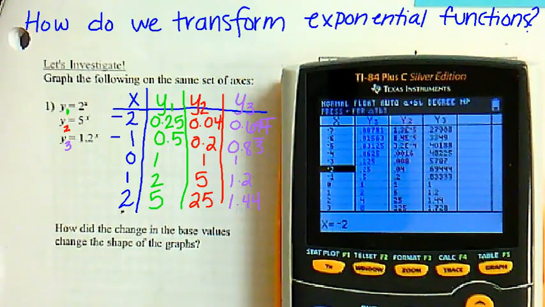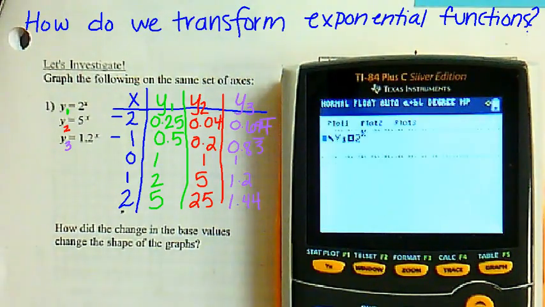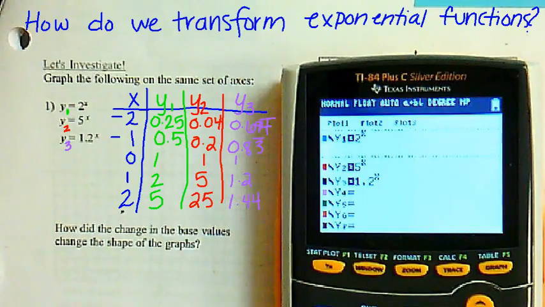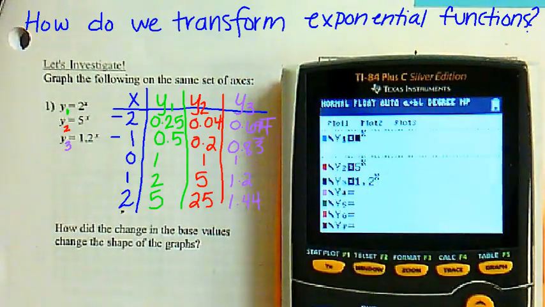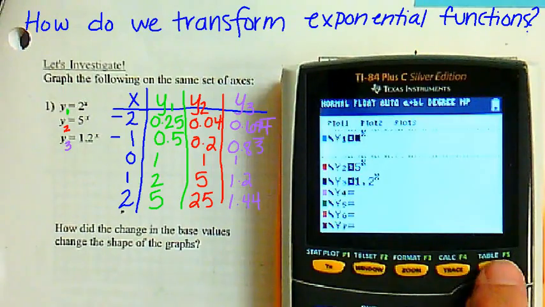So just to kind of have a look, my calculator is color, so it's actually going to make these all in colors. They don't correspond with the colors that I made my table with, but I just want to show you whatever is y1 is going to go first, y2 is going to go second, and then y3 will be graphed after that.